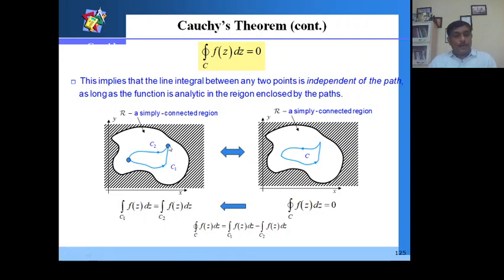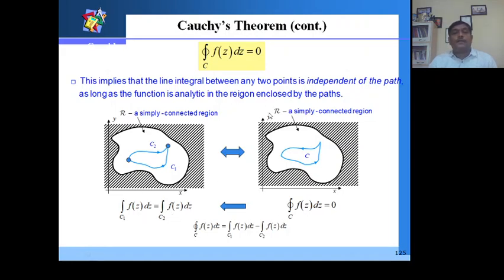Because it is a closed curve, the integral upon C of f(z) dz can be expressed from A to B and B to A. If it is a line integral, the integral from A to B of f(z) dz is equal to minus the integral from B to A. If you interchange the limits, then it becomes negative. Similarly here, the integral upon C1 of f(z) dz is equal to the integral upon C2 of f(z) dz.